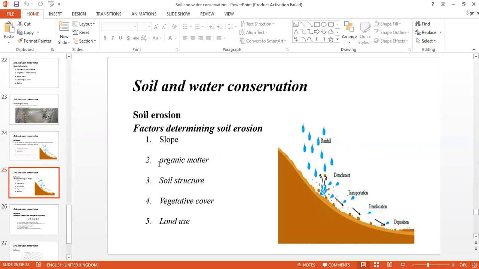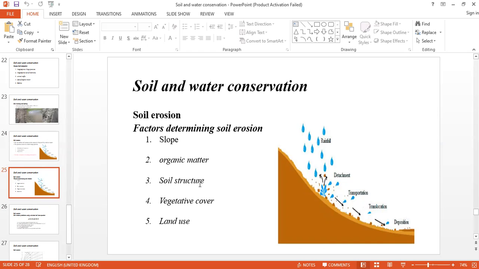Organic matter, you can look at it in two ways. First of all, it acts as a cementing agent, meaning that it holds the soil particles together. If it holds the soil particles together, they cannot be disintegrated, and if they're not disintegrated, then they can't be carried by the water.